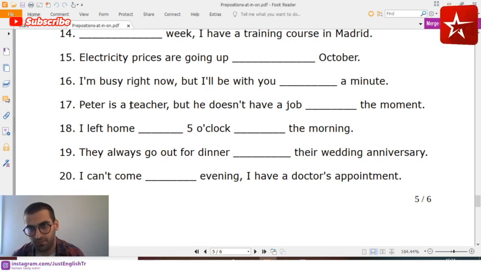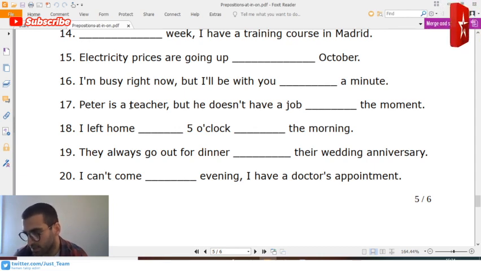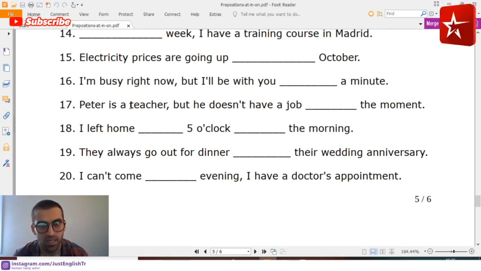Their wedding anniversary. Bir at olabilir. Yes, at doğru cevap. At 19 on. Ama wedding day olursa, anniversary day olursa, yani gün olursa burada on kullanabiliriz. Tarih anlamında, gün anlamında. Ama dakik bir zaman their wedding anniversary olursa at olması lazım.